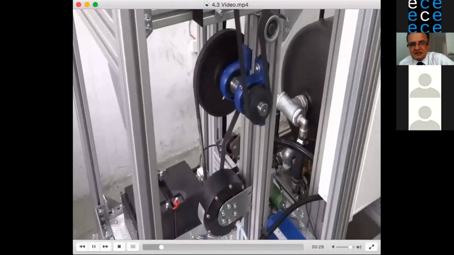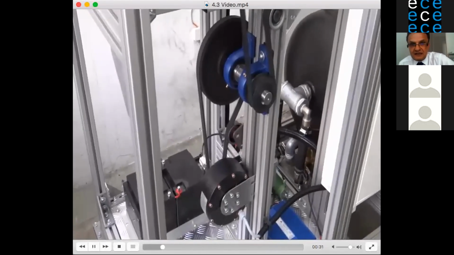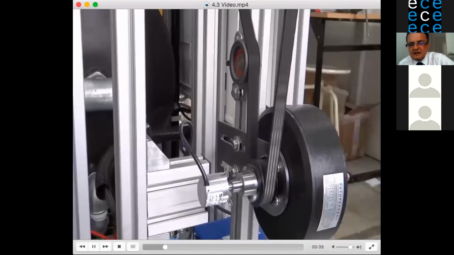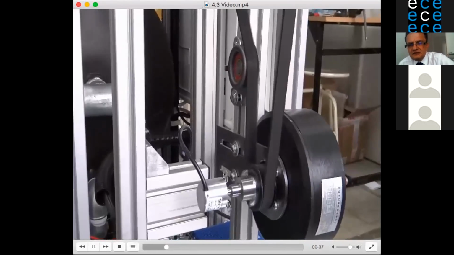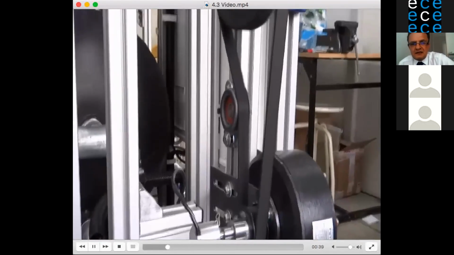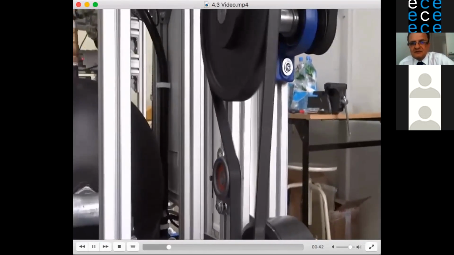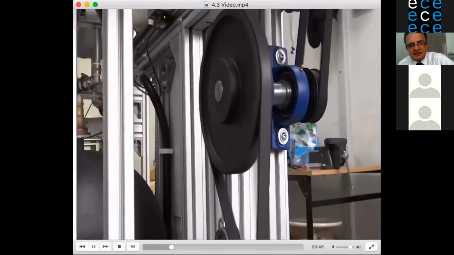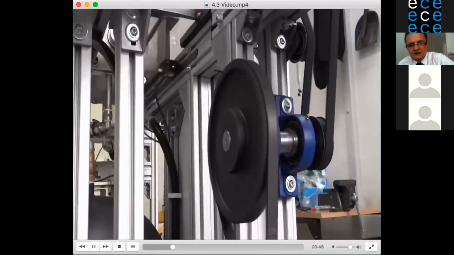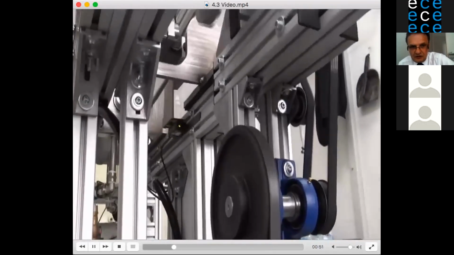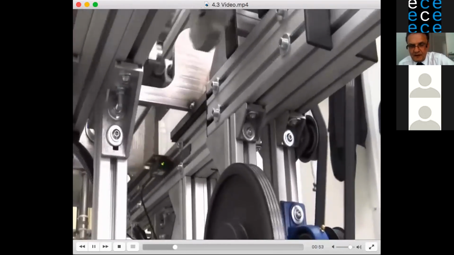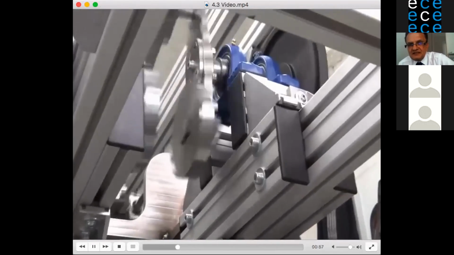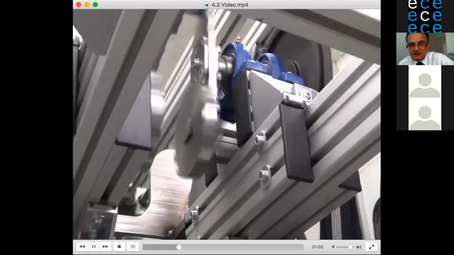This is the power generator, 1 kilowatt of electric power. It normally registers some technical parameters, but you see here on the left side the tank in which we store the energy.